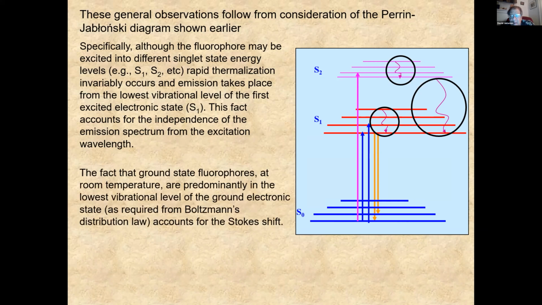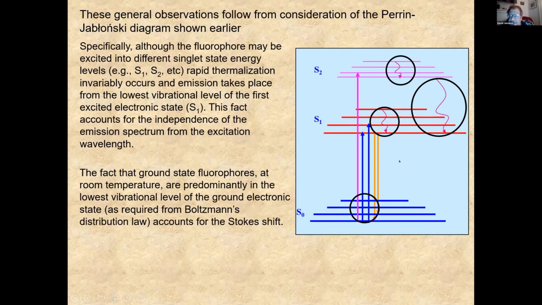And at room temperature, the fluorophores usually are in the lowest level, as we see here, and we excite up to different levels, but the emission always starts at the lowest level of the excitation and goes to different levels in the absorption, as you see here.